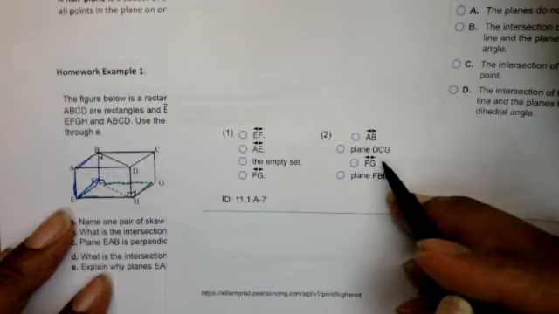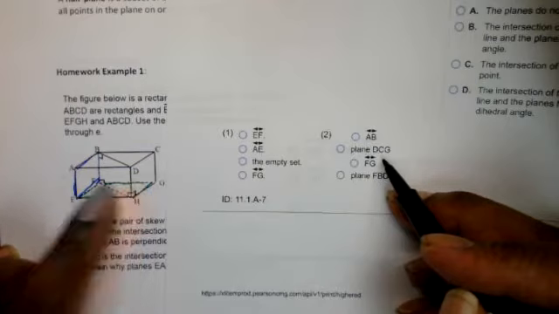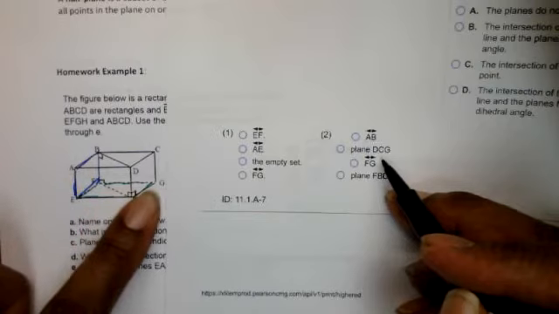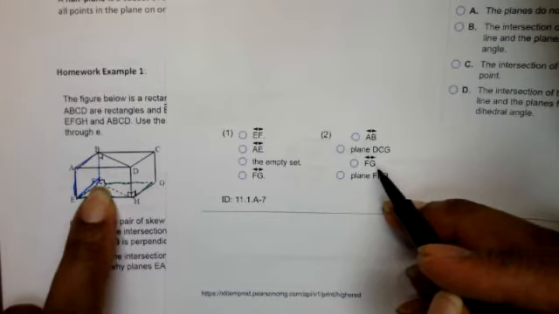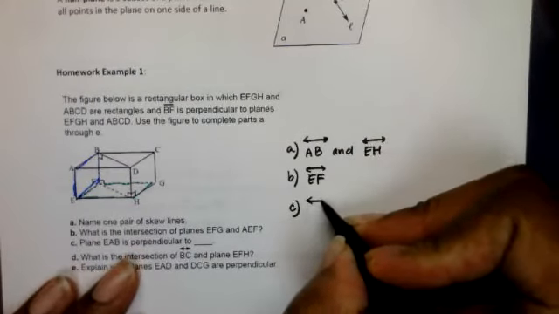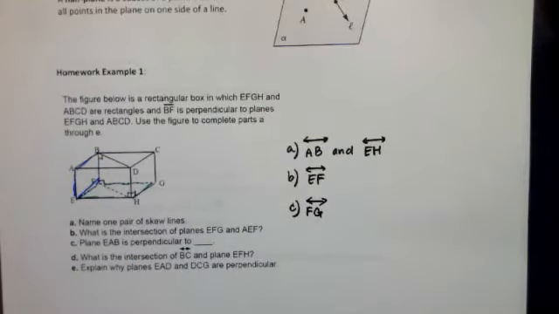What about plane DCG? Let's see, DCG is way over here. EAB is over here somewhere. Those two are not going to be perpendicular. And what about FG? This is FG right here. Notice that box right there. It shows that these two form a right angle. And anything that forms a right angle means that it's going to be perpendicular. So that means that line segment FG will be perpendicular to EAB.